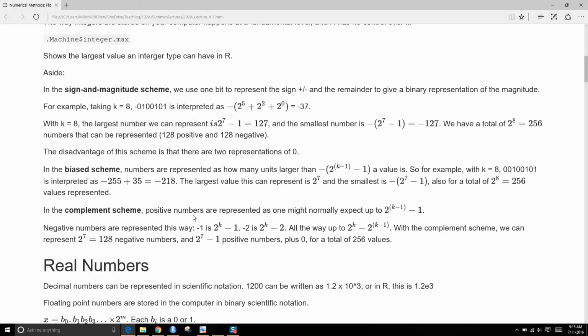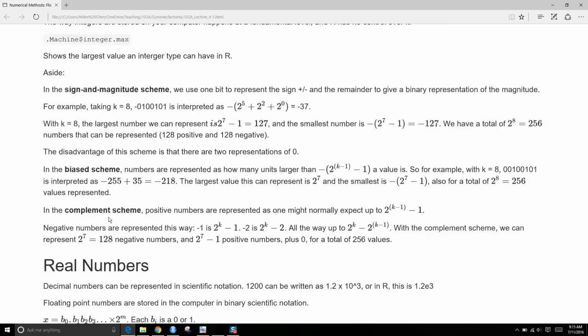And in the complement scheme, positive numbers are represented in the regular way, and then negative numbers are represented such that it's how much does it take to add up to a certain value. So this one seems the most strange, except there's a few computational advantages.